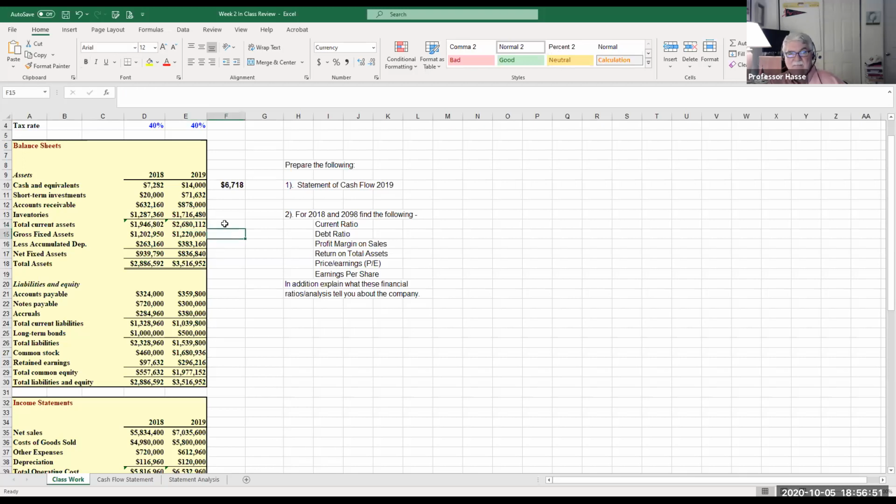A delta of $733,000 since the prior year. Our current assets increased by $733,000. And most of that was in an increase in receivables and inventory. That's cash that we don't have. We'll see that in the cash flow statement. That's negative cash flow. Not good.